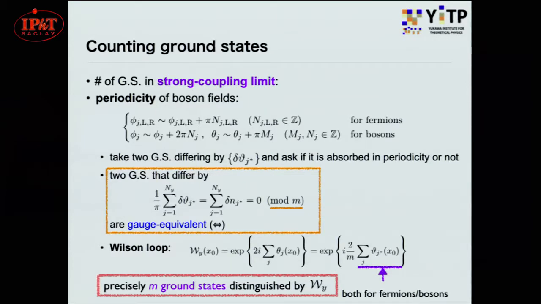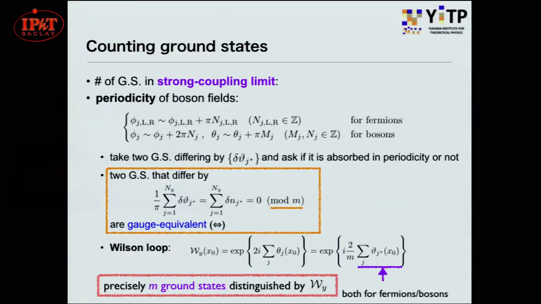Okay, so now we are at the place of getting the correct number of ground states. So this is the periodicity of the bosonic variables. Now we take two ground states defined by delta around theta. So we have ground state 1 and ground state 2, and the theta values for ground state 1 and ground state 2 differ by this delta around theta.